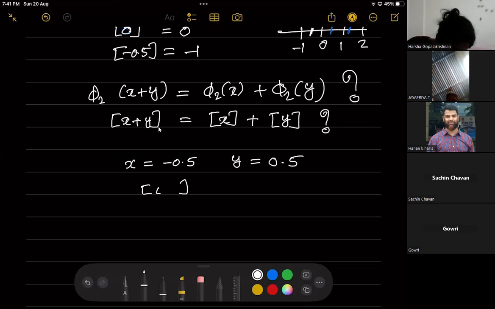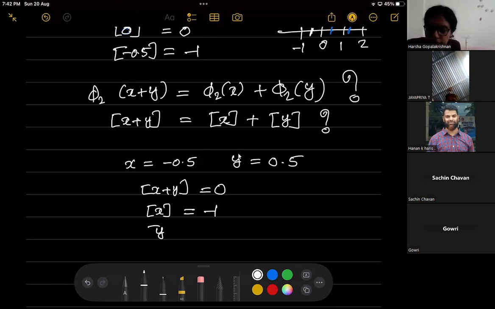And what is greatest integer of x? Greatest integer of x is greatest integer of minus 0.5. So greatest integer of minus 0.5 will be minus 1. And what is greatest integer of y? Greatest integer of y is greatest integer of 0.5, so it is 0.